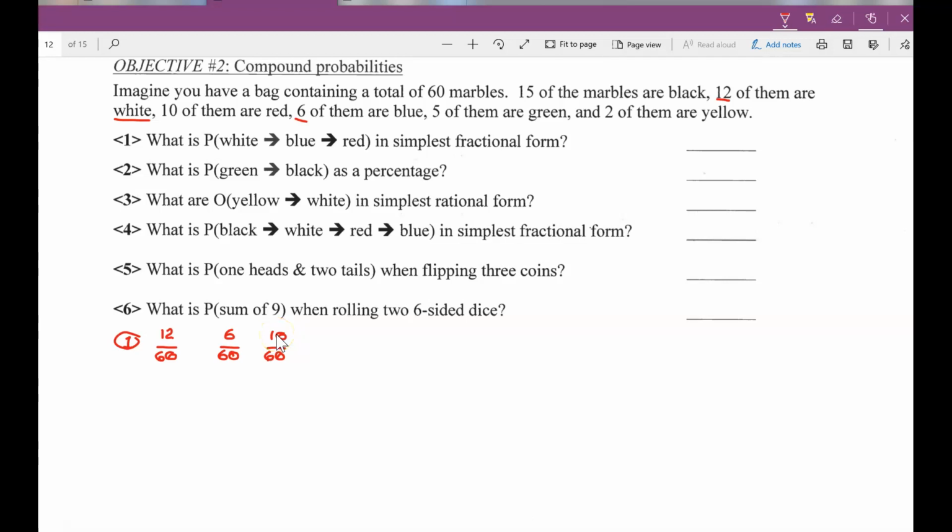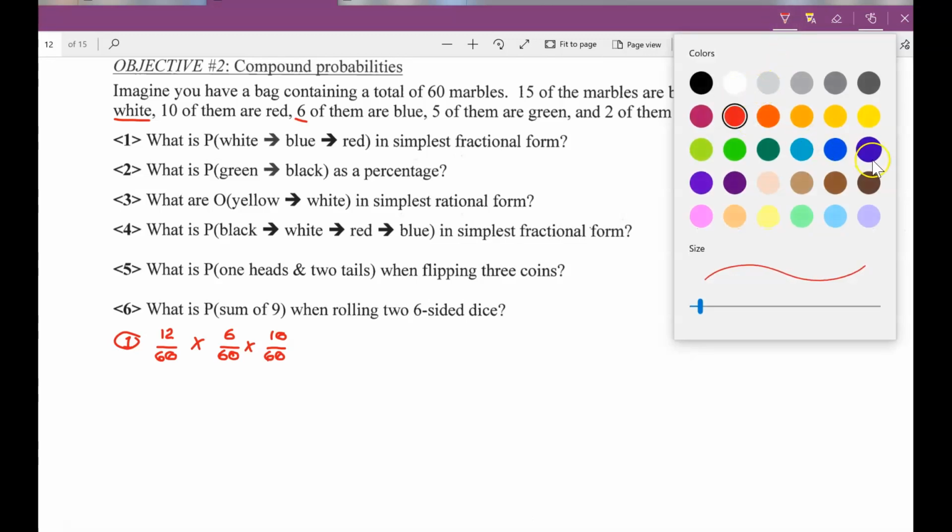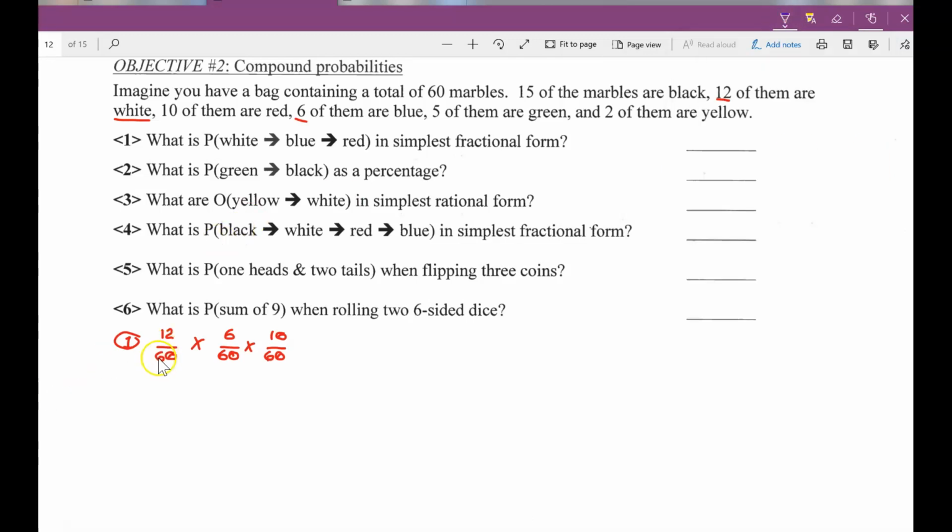Once we have written down each individual probability, then we need to multiply them together to get our total compound probability. But wait, these can be simplified, it looks like. If we multiplied right now, we would get an accurate answer, but it would be a very, very big set of numbers. If we can simplify these fractions before we multiply, our multiplication is going to be much easier.